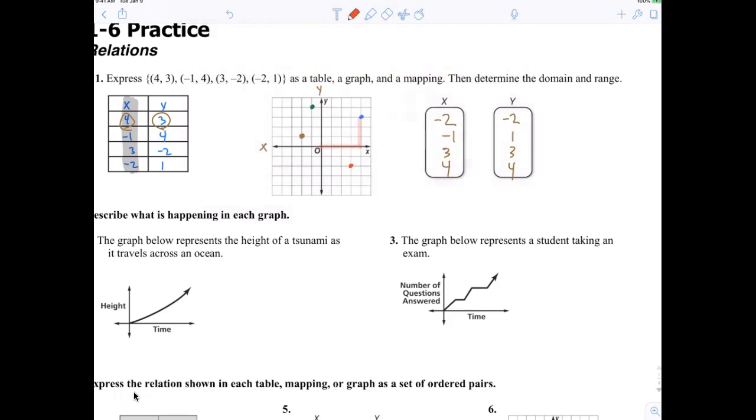And now I just created: -2 maps to 1. -1 maps to 4. 3 maps to -2. And 4 maps to 3. Does everybody agree with me now? That's all there was to it.